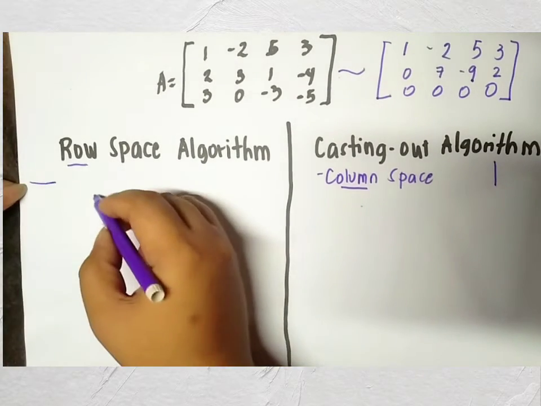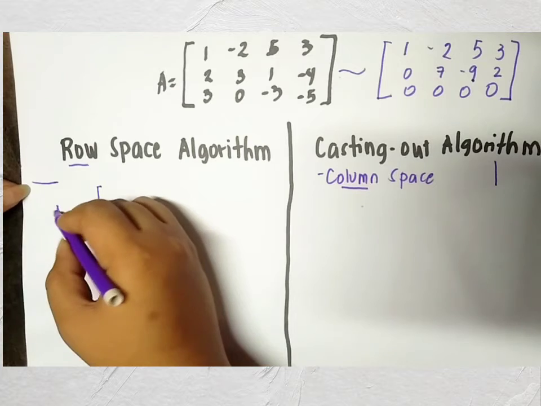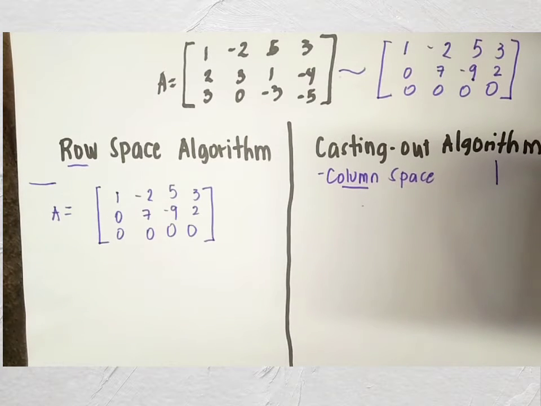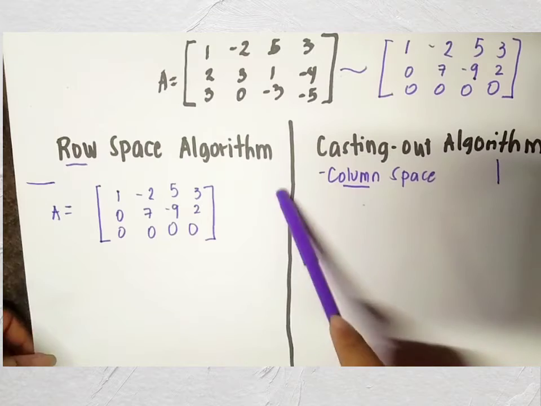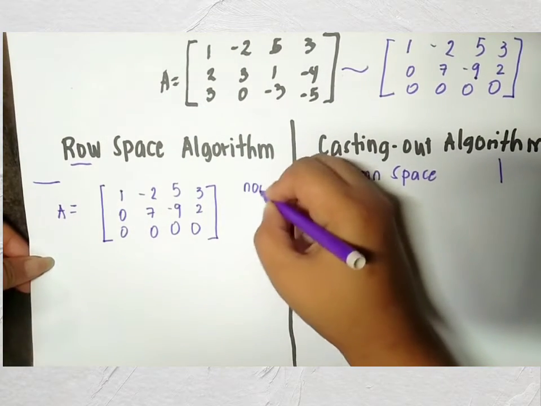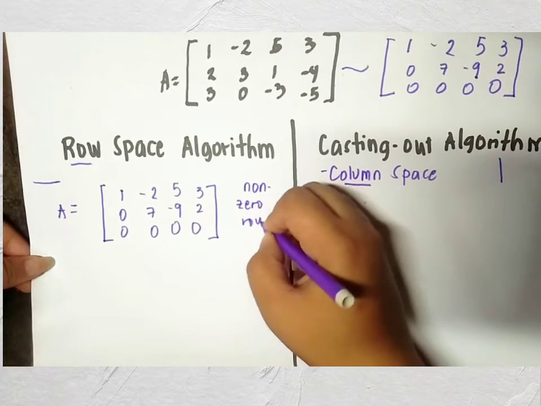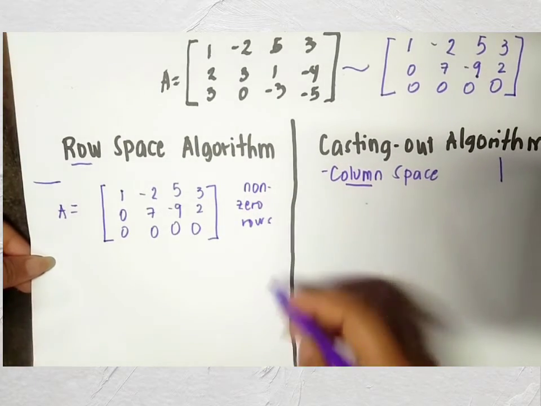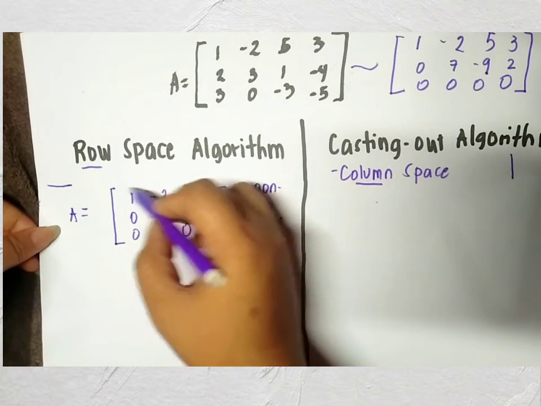I copied the answer for the row space. Now we have a result, and by knowing the basis of the row space, we will use the non-zero rows so that we will know the basis of this algorithm.